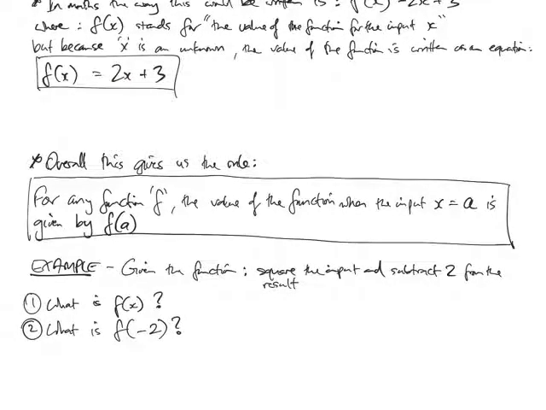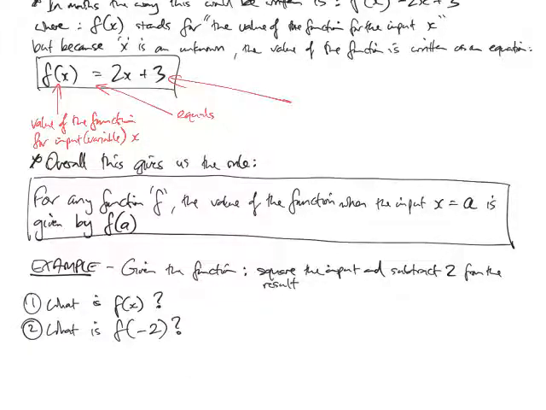So if I was to write what you need to get out of this particular point of this video: the value of the function for input or variable x is equal to the variable x doubled, then add 3.